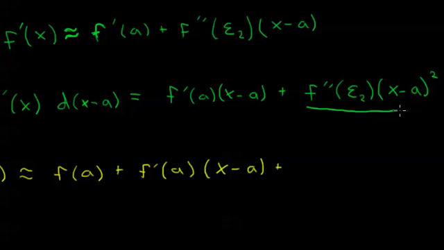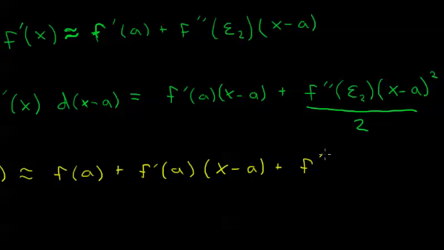Since I take the integral of x minus a, u is x minus a here, it's x minus a squared over 2. So excuse me, I missed that the first time. Hopefully it didn't throw you off too much.